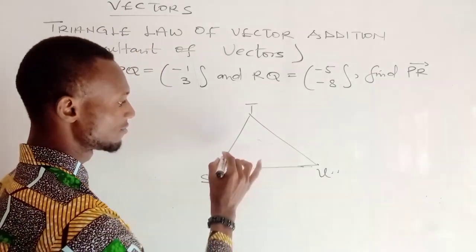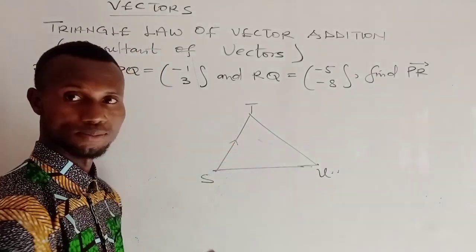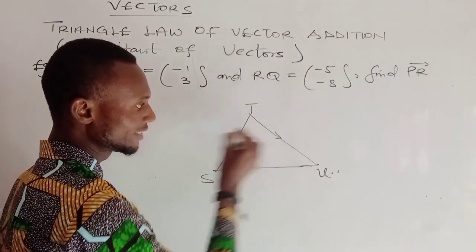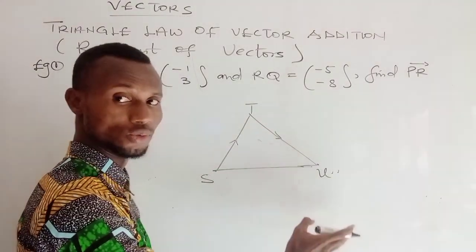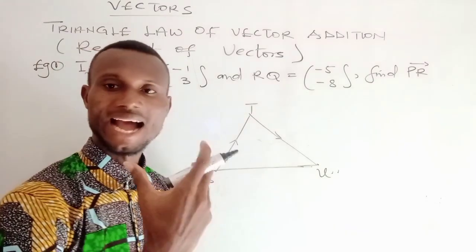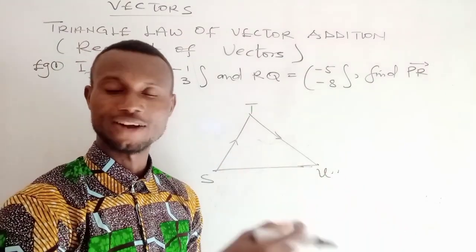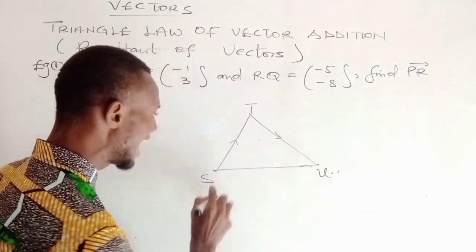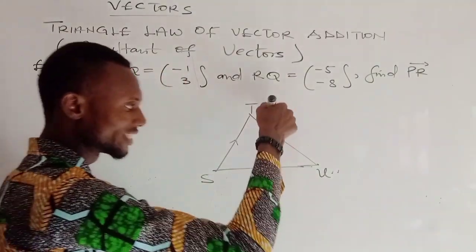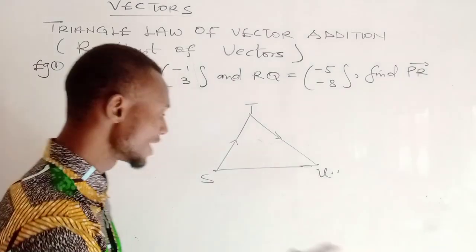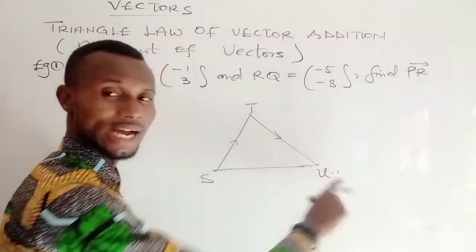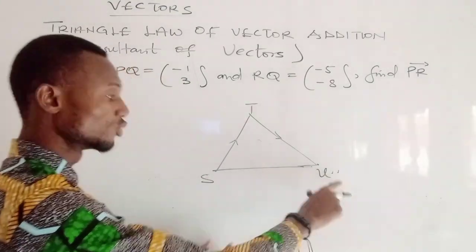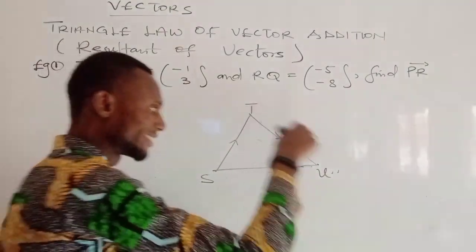So let's say I have vector ST moving from S to T, and vector TU moving from T to U. Now the triangle law of vector addition says that when I add ST to TU, it should give me SU. You get me? It should give you SU. So SU equals ST plus TU.